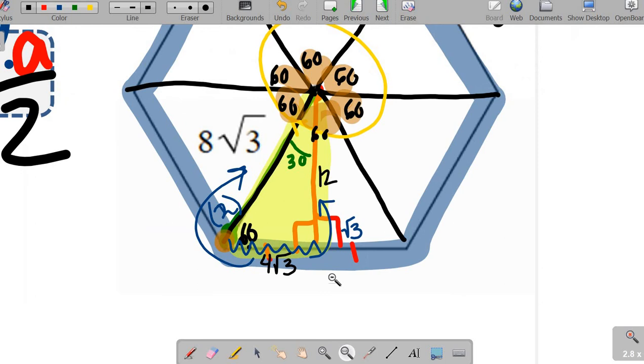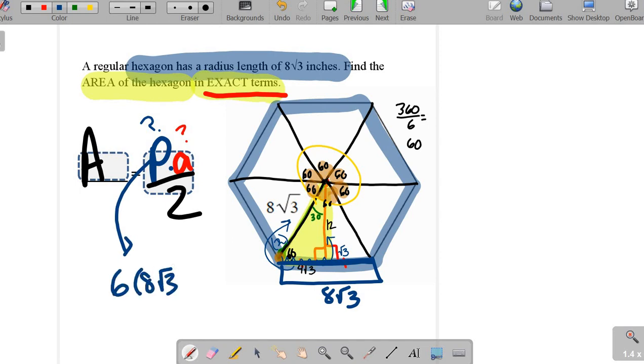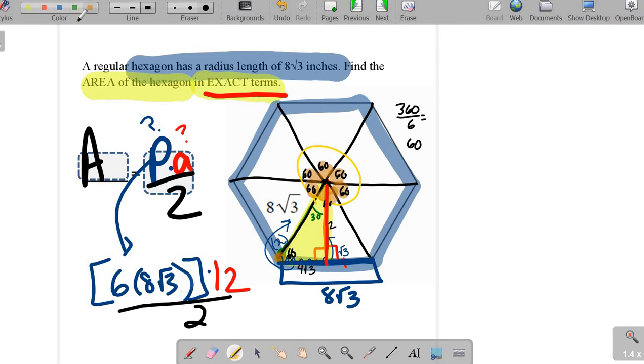Let's see if that helps us with our area. Perimeter. Our side length is therefore 8 root 3. So my perimeter here is going to be 6 sides times 8 root 3. All of that is perimeter. Times my apothem, which is 12 over 2. Let's try to do this without a calculator, folks. I can take that 2 into anything.